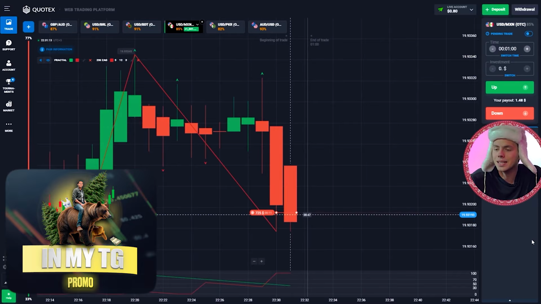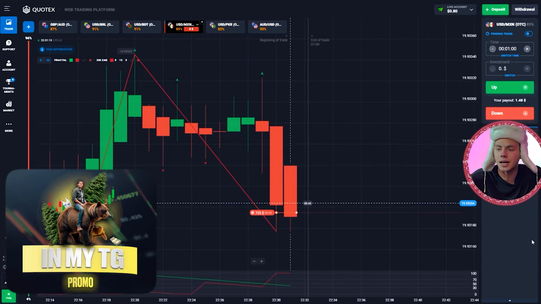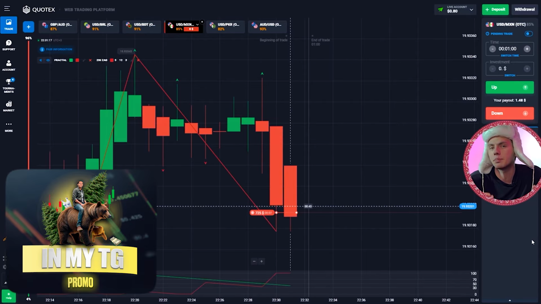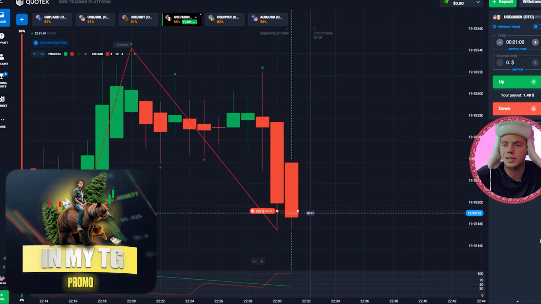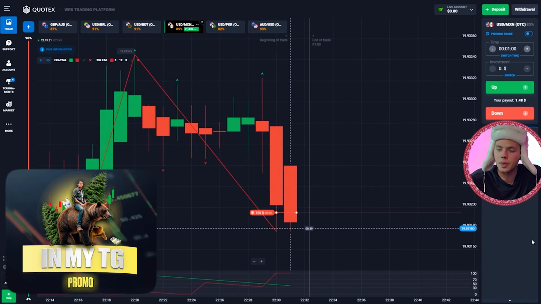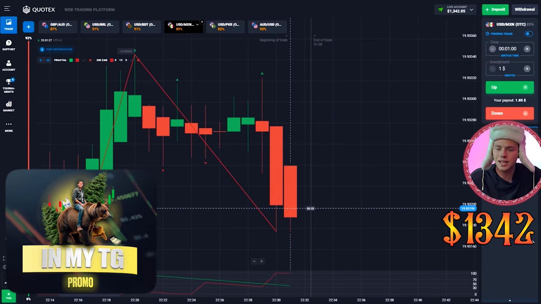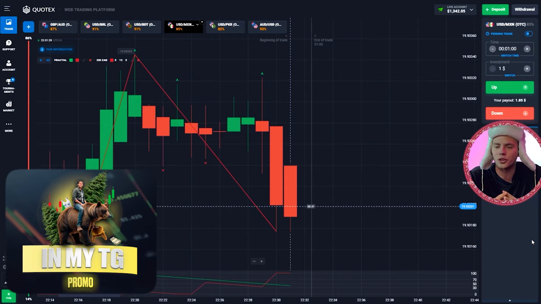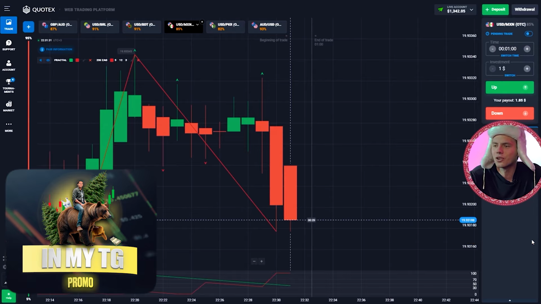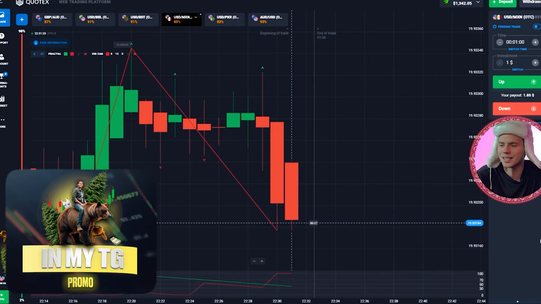In summary, this is giving us a pretty clear picture of what's happening on the market here right now, guys. And what is happening, you see by yourself. We have a pretty obvious move down, and we got a trade closed. Wonderful. 1341 on our balance right now.